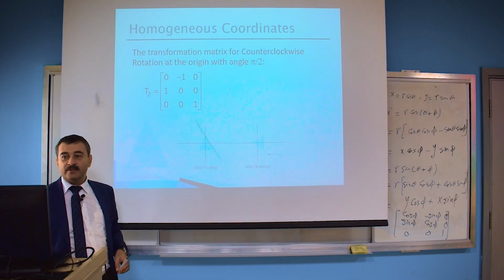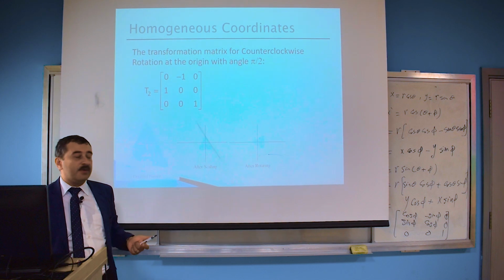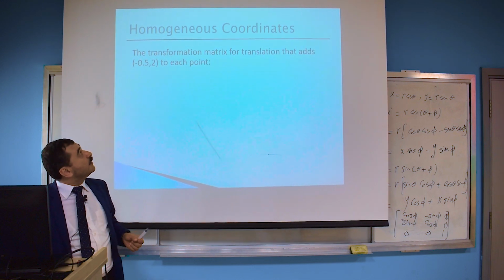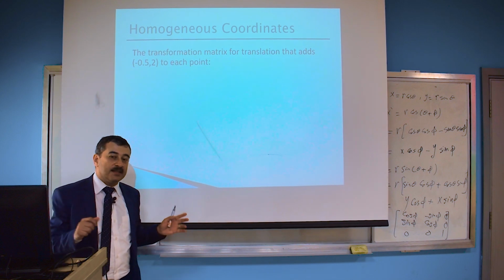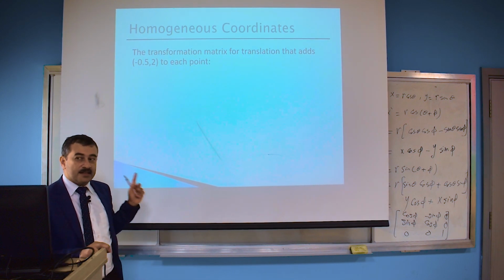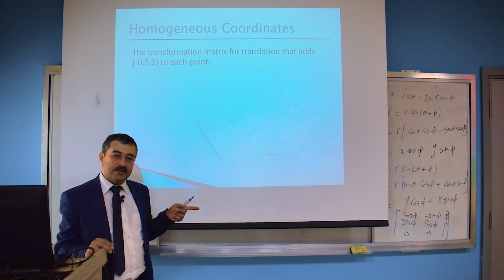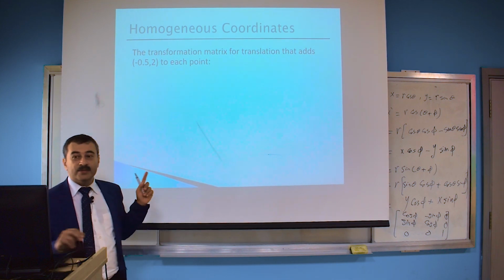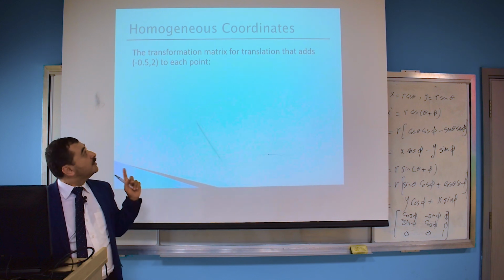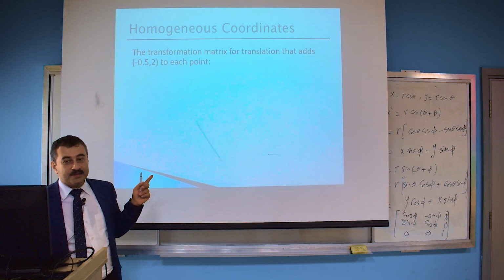The third effect is to do the translation in x by negative 0.5, y by 2. So the transformation matrix is 1, 0, negative 0.5, 0, 1, 2, 0, 0, 1.